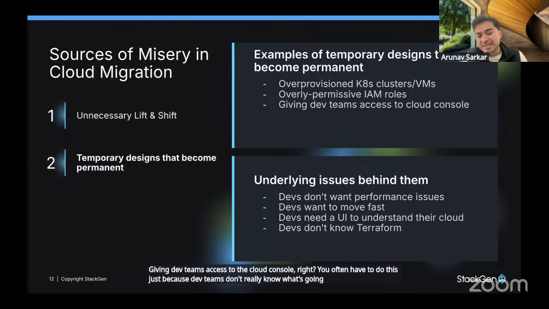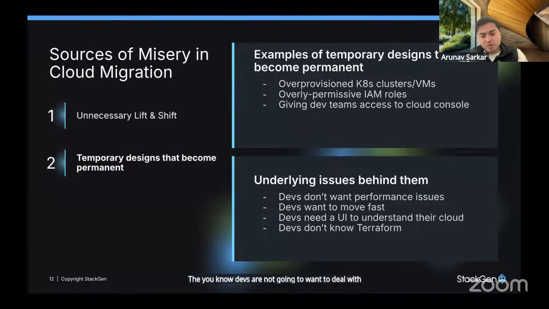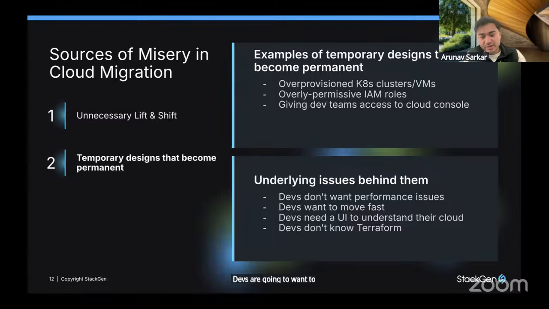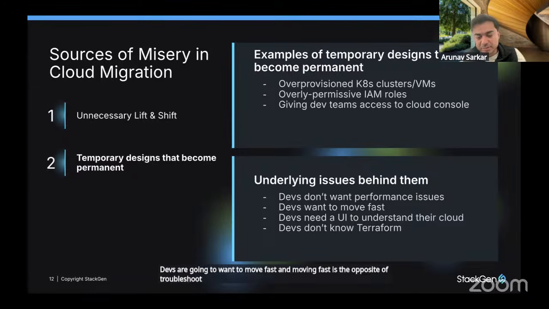And if we dig into the underlying issues behind these temporary designs, devs are not going to want to deal with performance issues when they're going through a migration. Devs are going to want to move fast, and moving fast is the opposite of troubleshooting IAM roles and permissions issues.